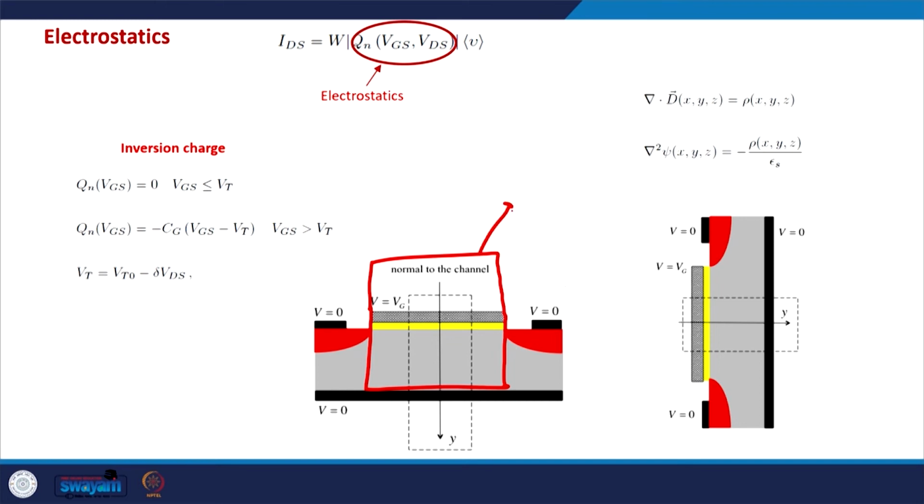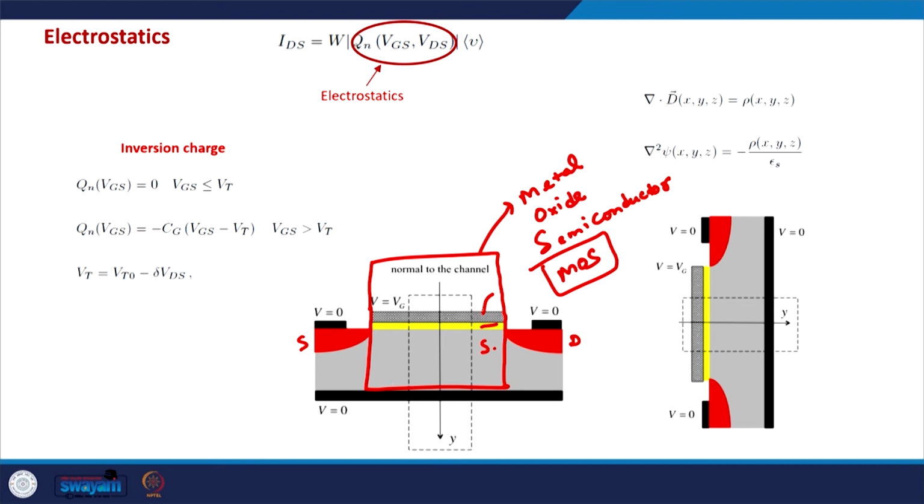This part of the device is known as the metal oxide semiconductor, MOS, device, because here we have a metallic gate, an oxide, and a semiconductor. In the conventional discussion, first electrostatics without the source and the drain contacts is done, and then finally the effect of the source and the drain contacts is also understood.